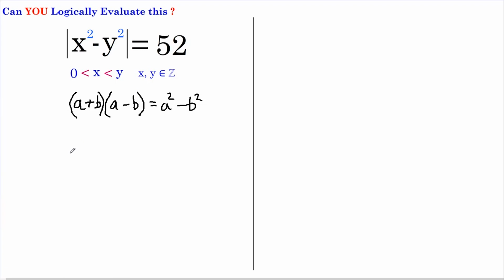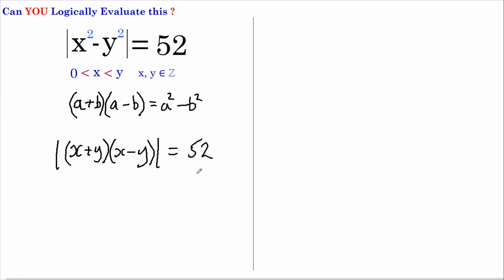So rewriting the above, we can say that x plus y multiplied by x minus y must equal 52, with the bars of course. So now if we look at this, we need to find two numbers that when multiplied together give us 52.